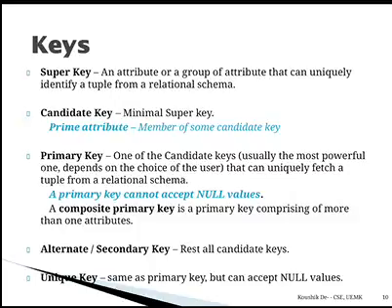So, points to remember regarding the primary key: we usually denote it by underlining the attribute name, the column name. The value of the primary key should be unique for each row of the table.